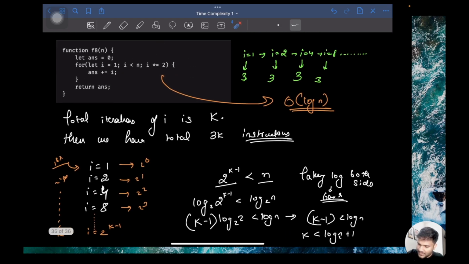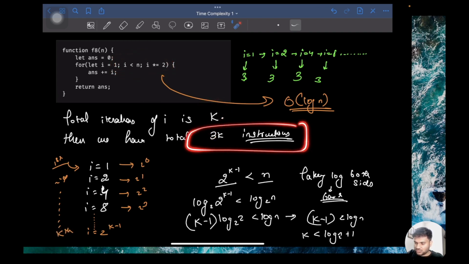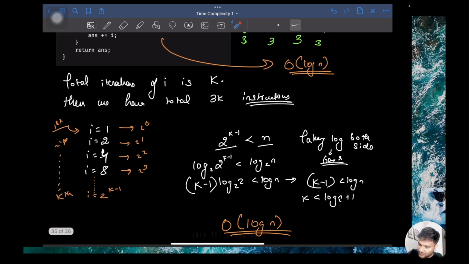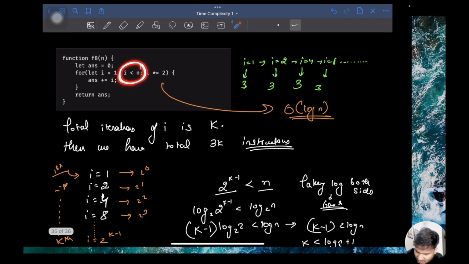We saw that in every iteration there are just 3 instructions, and if I assume there are k iterations, there are 3k instructions. What is k? In the first iteration, i is equal to 1. In the second iteration, i is equal to 2. In the third iteration, i is equal to 4. So in the kth iteration, i will be 2 raised to the power k minus 1. And this is the last iteration which is going to satisfy this condition.